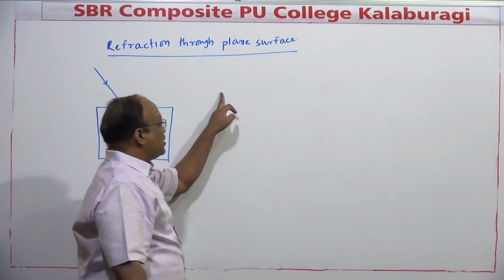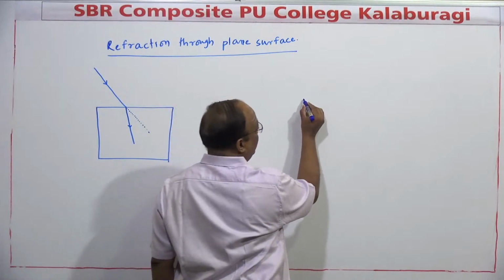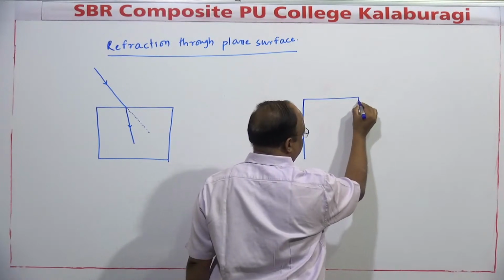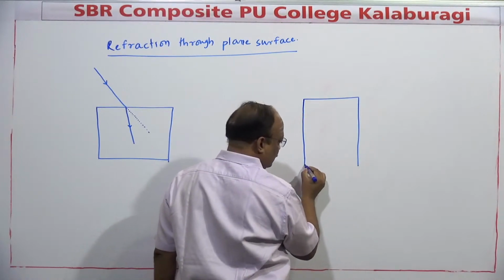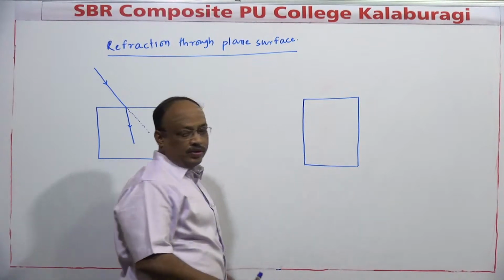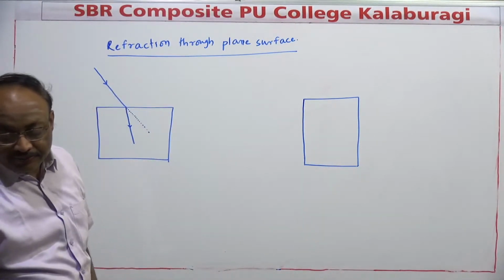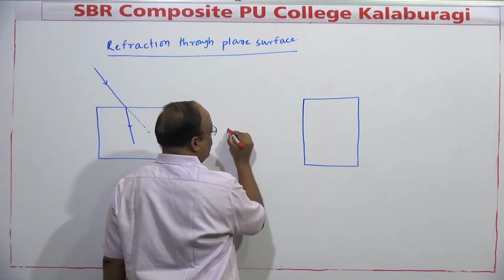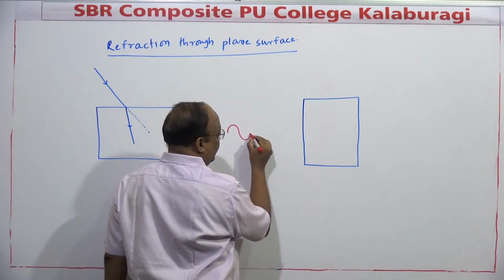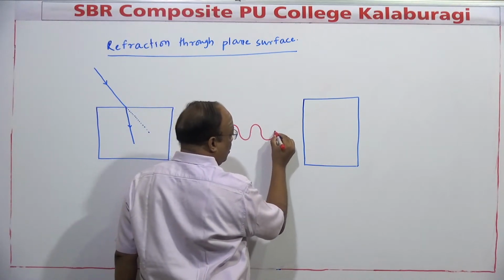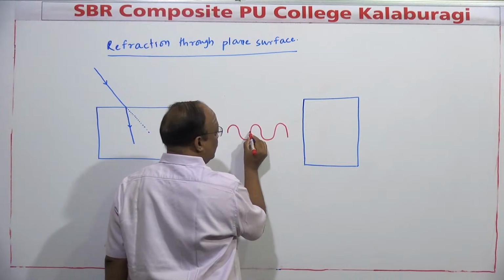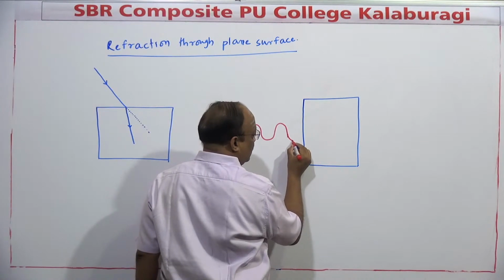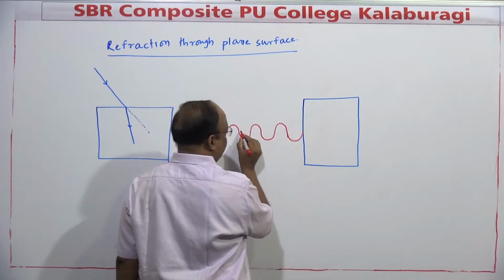So what exactly happens in refraction? If this is our glass slab, the light has dual nature, as you know. If it travels in the form of a wave, this is one wave, second wave, and third wave.